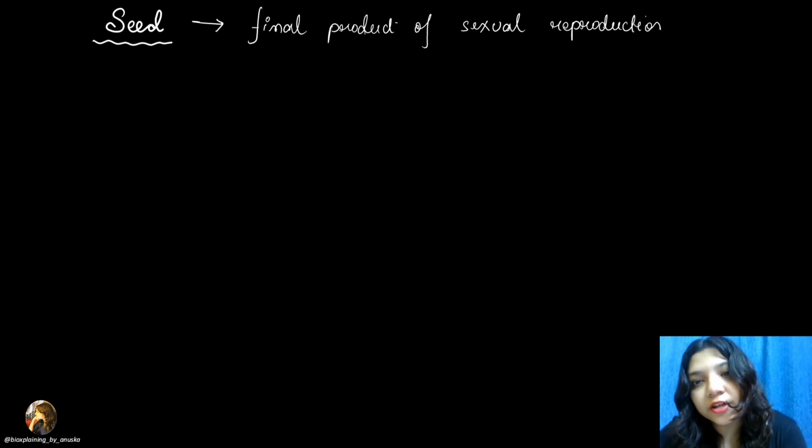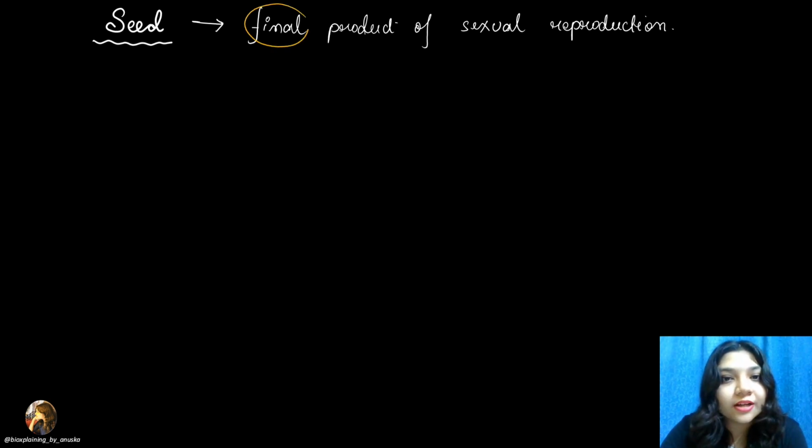That means after double fertilization is done, in the case of angiosperms, the zygote is formed, which becomes the embryo, and the endosperm is also formed. Then finally the seed formation takes place. So hence this can be called the final product of sexual reproduction.